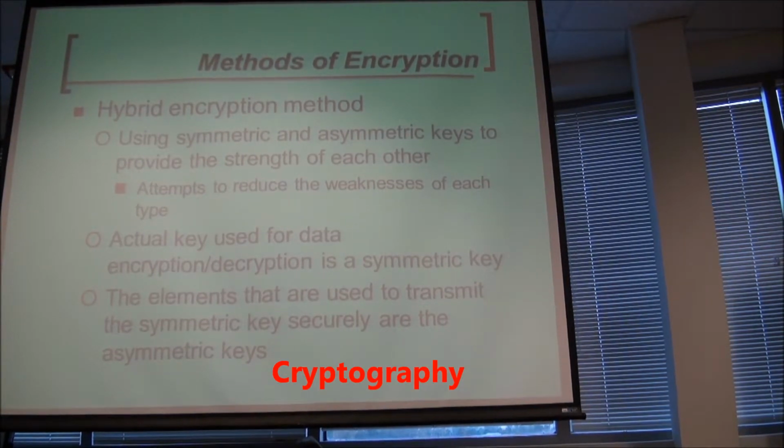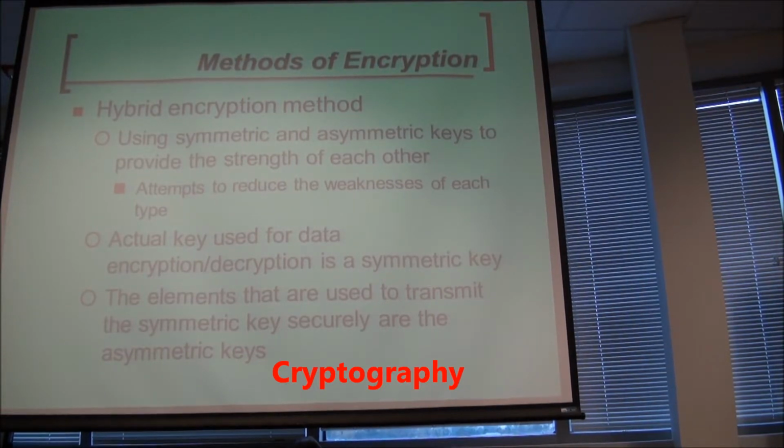The envelope would be the asymmetric pieces and the letter would be the symmetric pieces. You're combining both. So the envelope protects the message while it's in transit. Would you agree or disagree? And then, of course, you need to actually be able to read the message, and you would do that symmetrically.